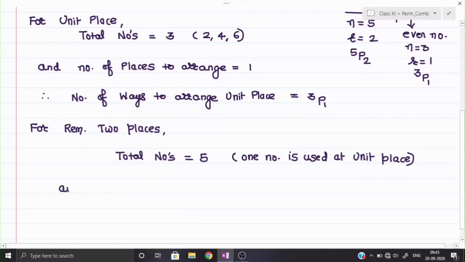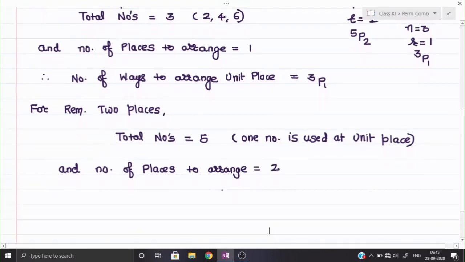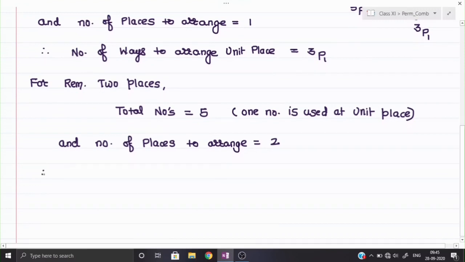And the number of places, how many we need to arrange here? You can see two places are required to arrange. So we can say that the number of ways for the remaining two places will be equal to 5P2.